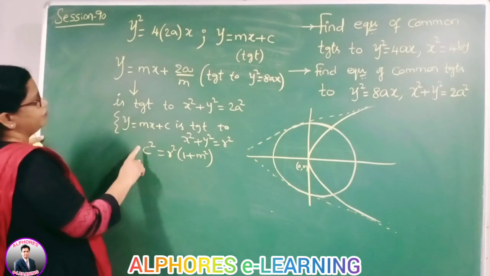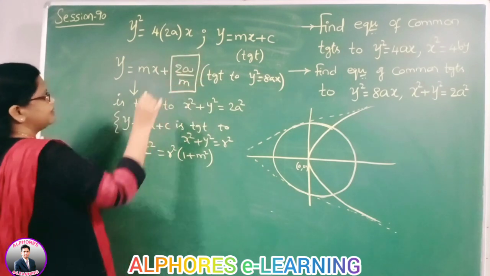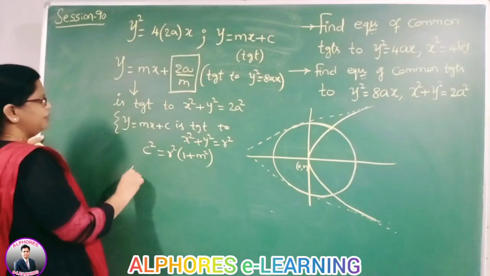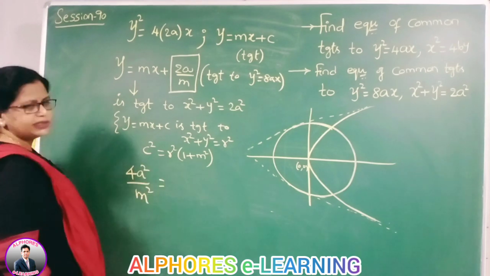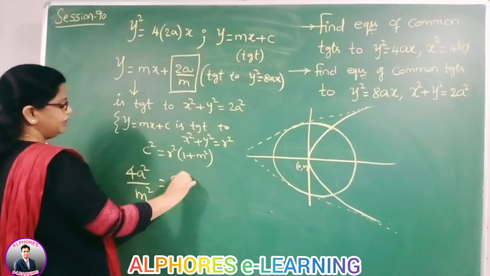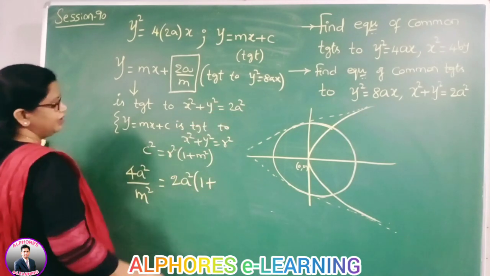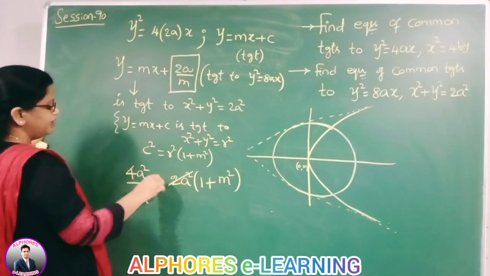What is our c square, students? This is our c, right? So c square is 4a square by m square and equal to r square. r square you have here 2a square, into 1 plus m square. Okay. Now let's cancel 2a square.